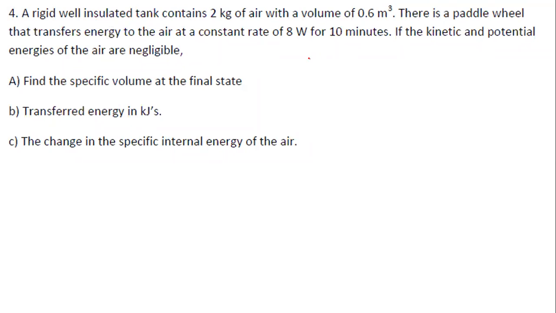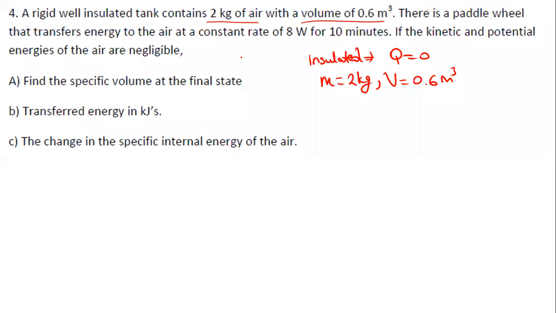When we say insulated, you should remember from the previous lectures that insulated means that Q is 0. You are adding some insulation material, and then this Q term is 0. And it contains 2 kilograms of air, so the mass is 2 kilograms, with a volume of 0.6 meters cube.